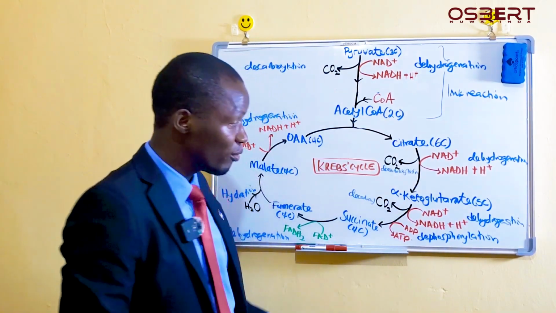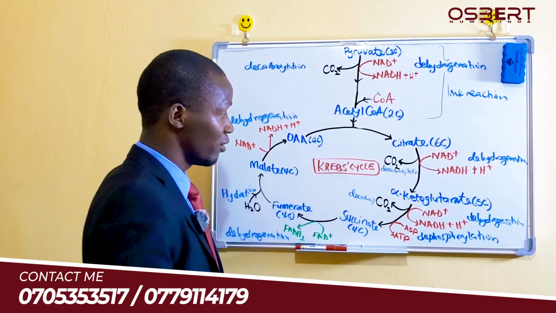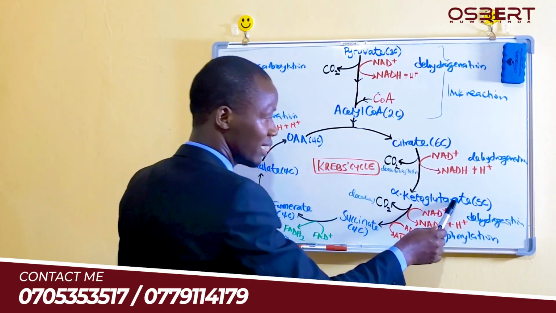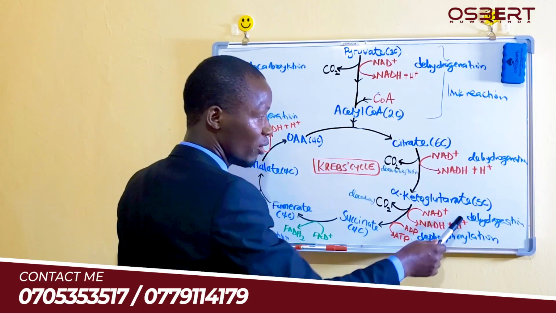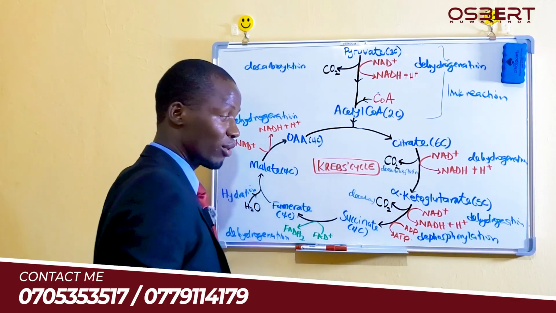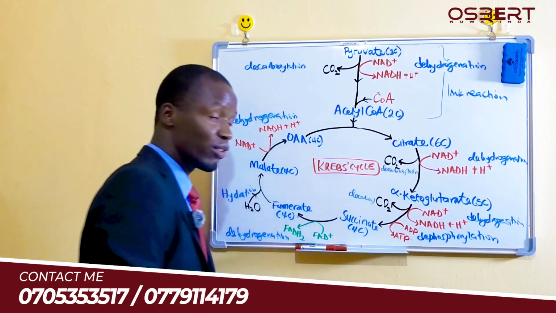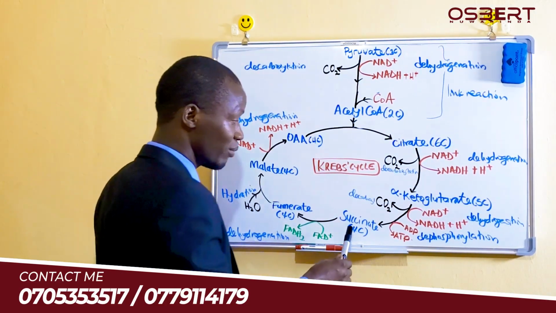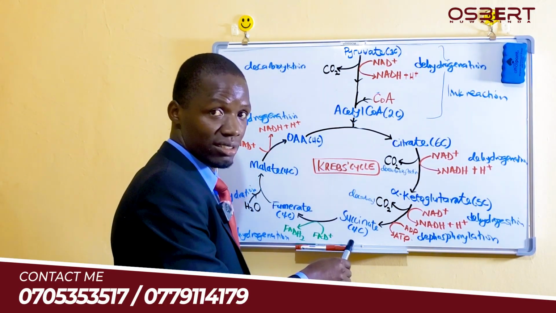So it means here I've summarized everything. Instead of putting that intermediate molecule, I've said get alpha ketoglutarate, have it undergo dehydrogenation, decarboxylation, and dephosphorylation. Ignoring all those intermediates, you end up with the final product as succinate. You get?